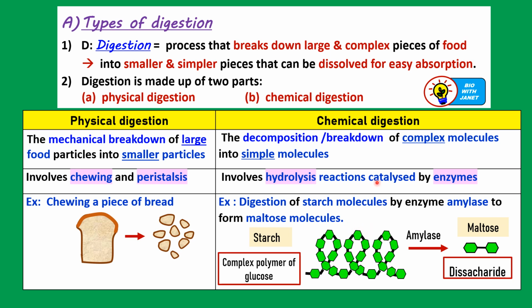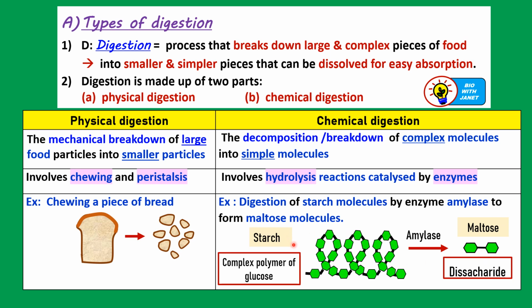Okay, so when you eat the piece of bread, there are starch molecules in the bread, and starch is a complex polymer of glucose. All these green shapes represent the glucose molecules. Now, the starch molecule needs to be broken down by amylase to form simpler molecules like maltose, which is a disaccharide made up of only two molecules of glucose joined together, right?